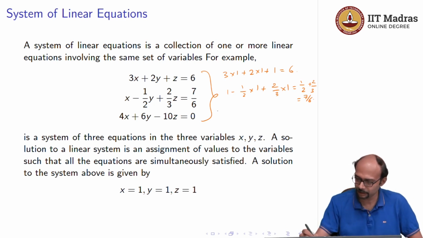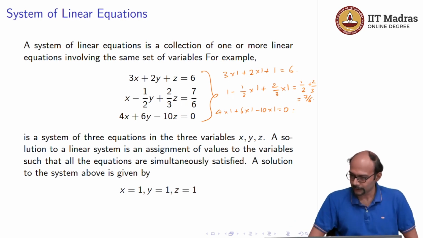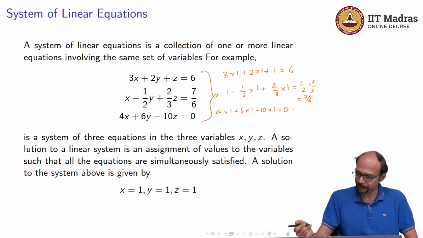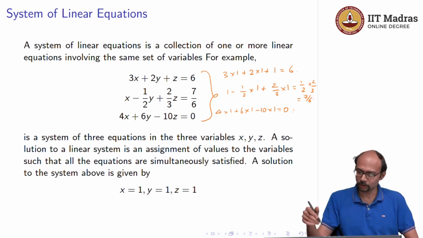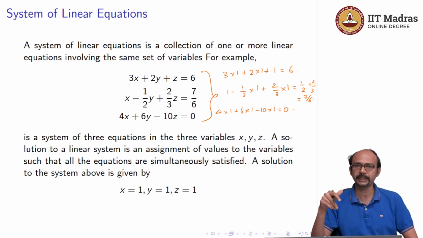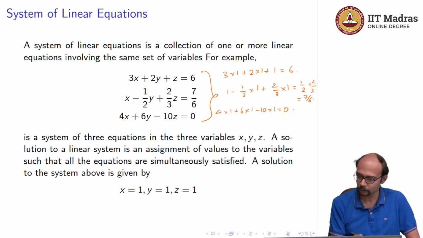And similarly, 4 times 1 plus 6 times 1 minus 10 times 1 is 0. I hope you understand what it means for a system of linear equations to have a solution. When you put x, y, and z to be some particular numbers, these equations should be satisfied, that means these equalities should be true. That's when we say we have a solution.